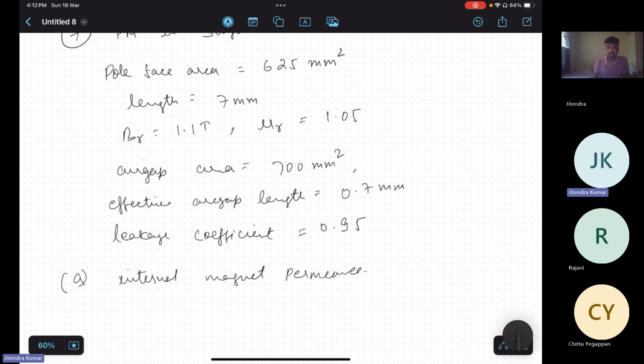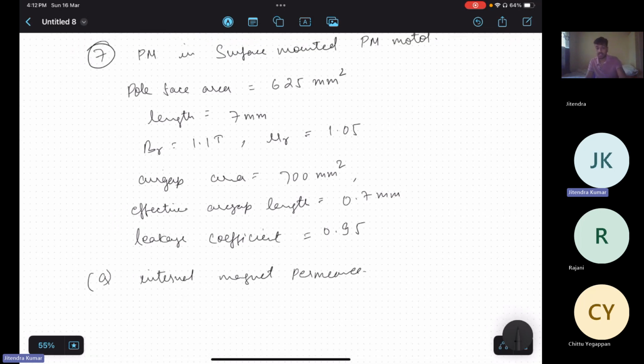For this, you will have to look into the expression of permeance. If you know the expression of reluctance, you can also get the expression of permeance, because permeance is nothing but the inverse of reluctance.